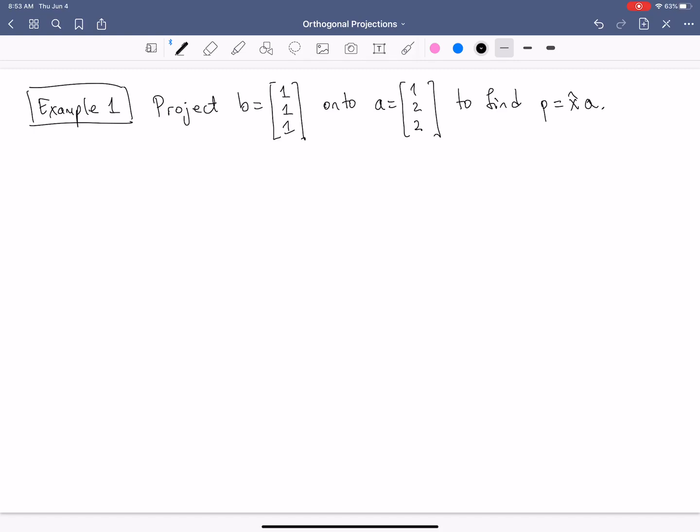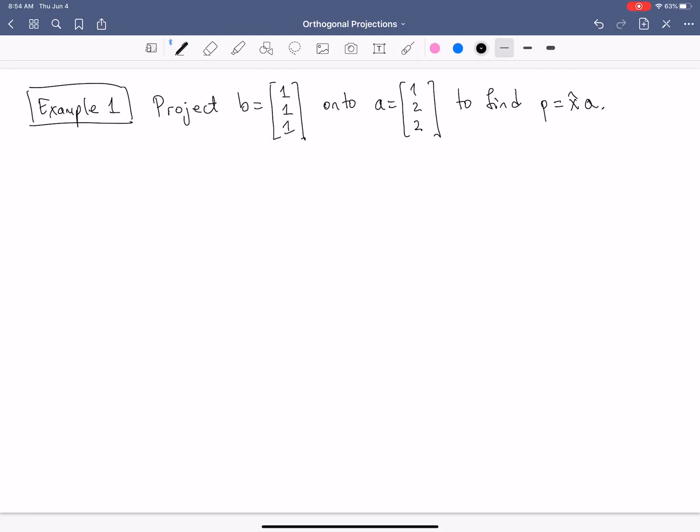This is just a shorthand expression of saying really project B onto the line passing through A, or onto the space generated or spanned by this vector A, which is the line passing through A.